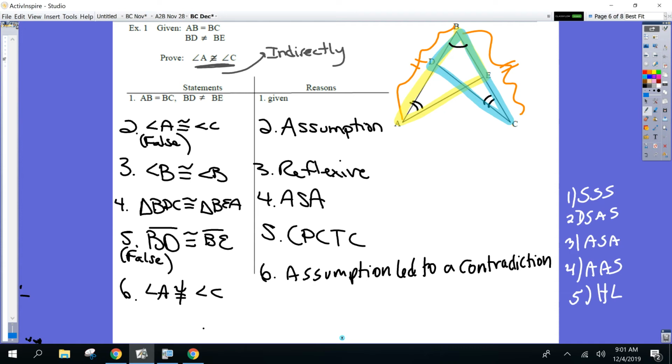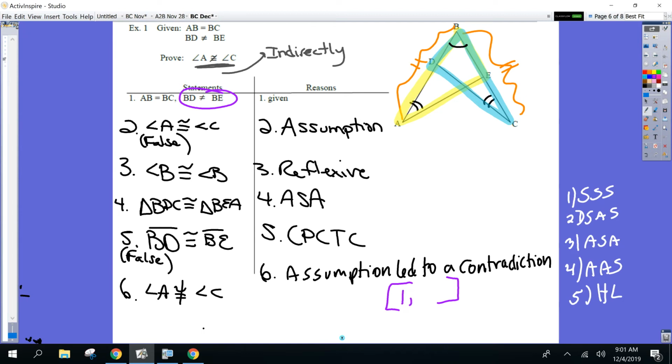We're not done yet. Prove to me that you know where this contradiction is. I need to know the step numbers where the contradiction occurs. So where is the contradiction up here? Well, it started with this, in statement 1.